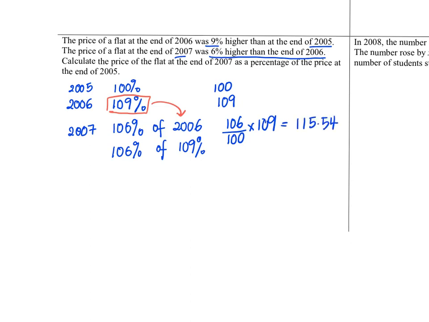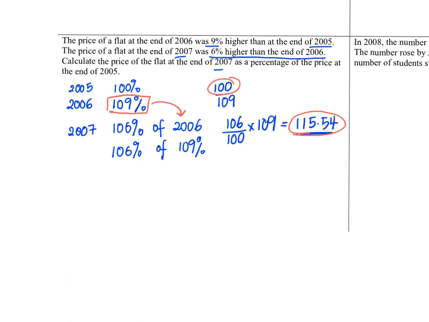Let's see how many units we can get. I get 115.54 units. So calculate the price of the flat at the end of 2007 as a percentage of the price at the end of 2005. Well, now the end of 2005, I already let it be 100%, and that means this one will be 115.54.